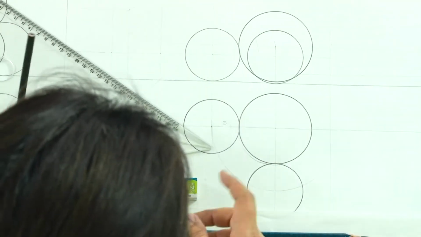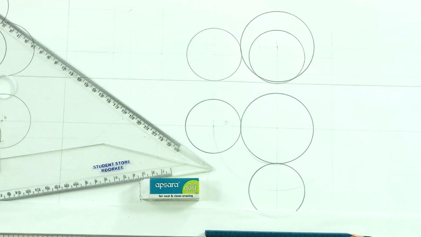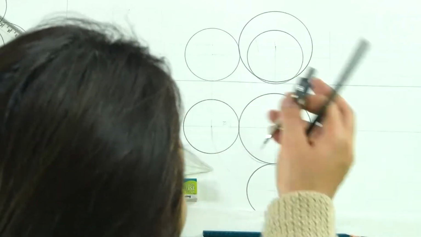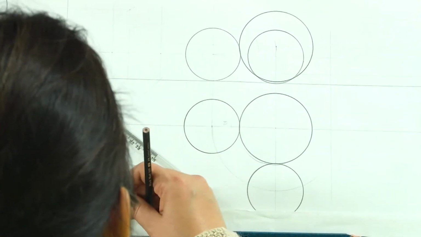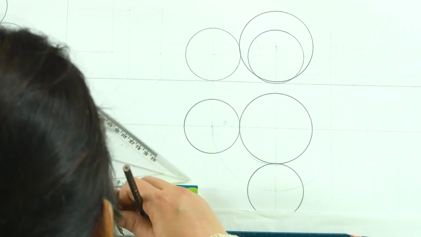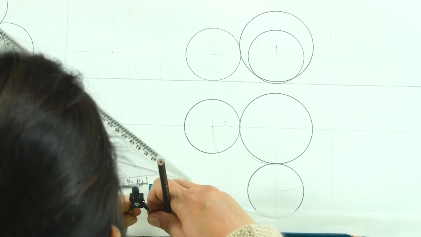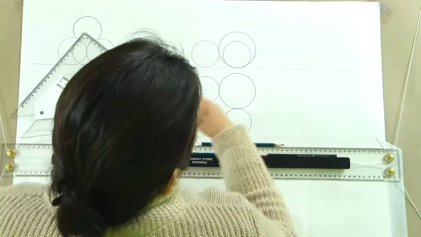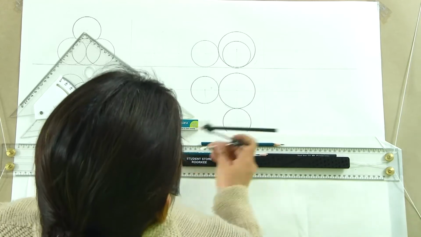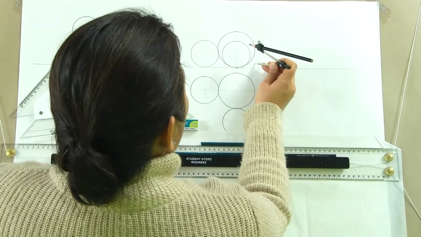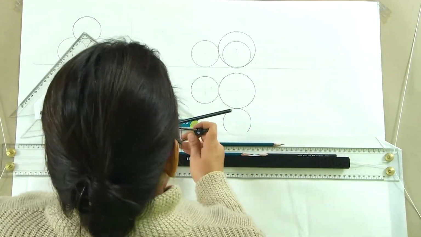So, this will be the distance of the line joining the two centers. So, we will take a distance of say 5 centimeters, take this as the center and we will mark here. Now, this is the point where the center of the smaller sphere is going to be.